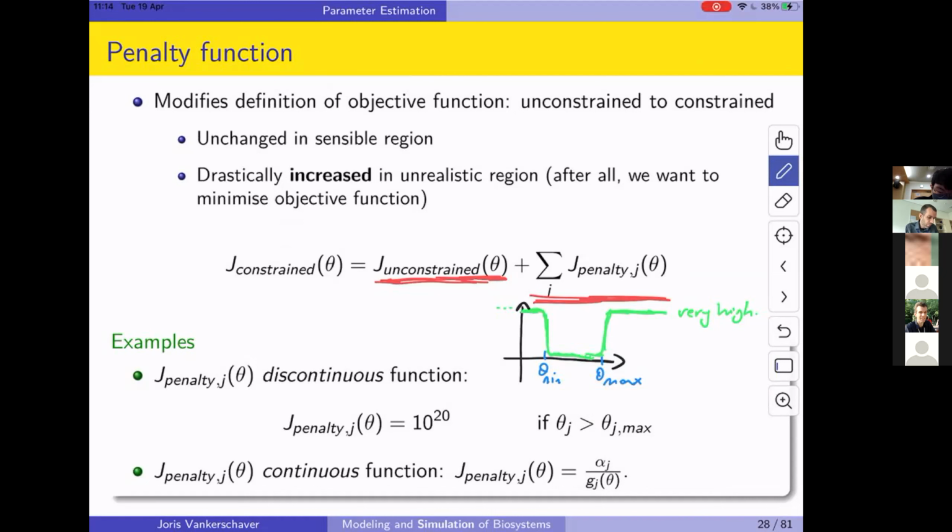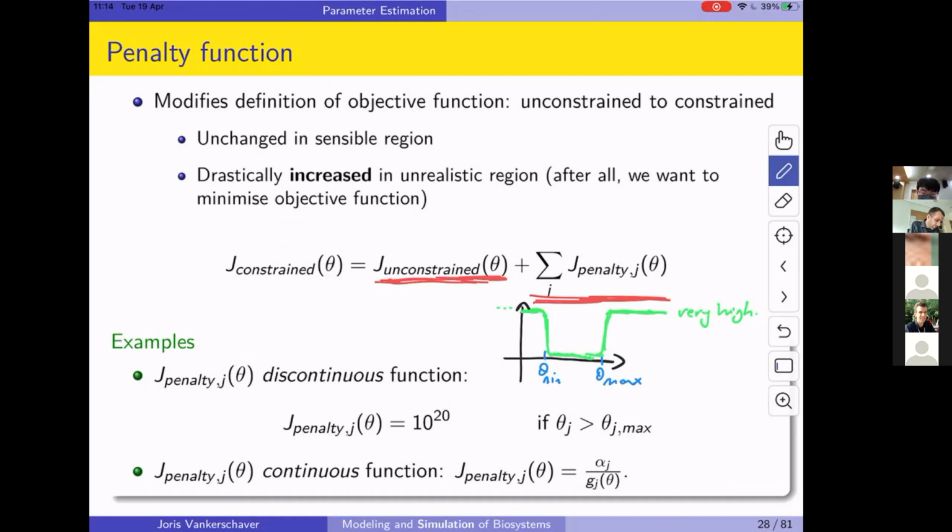And so now that we know what kind of function to use here, let's talk a little bit about what that function could look like. Well, you have a number of choices. You could choose a discontinuous function for the objective function, where you basically just make this step pattern into a real step.